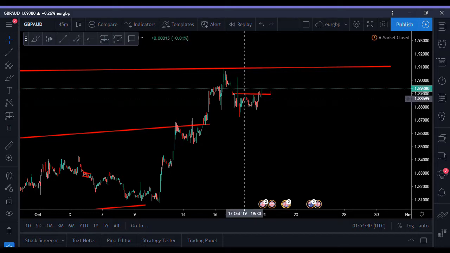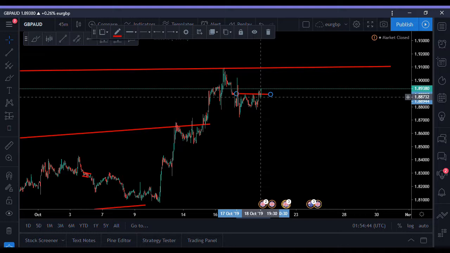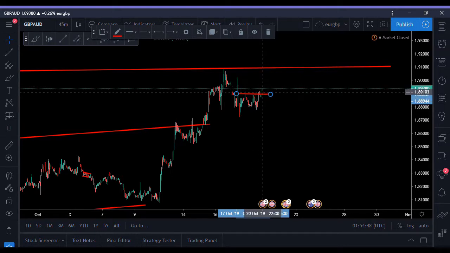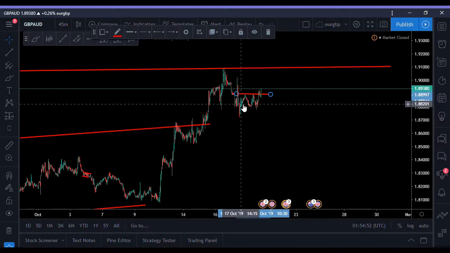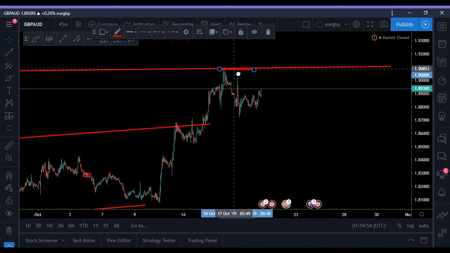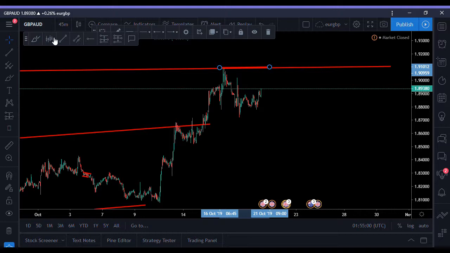So this is not really a normal shape, it's just going to be like a triangle. As you can see, price came to retest here and went up. So for me, I feel like price has to come back to this area, and from there we can actually move back to the downside.